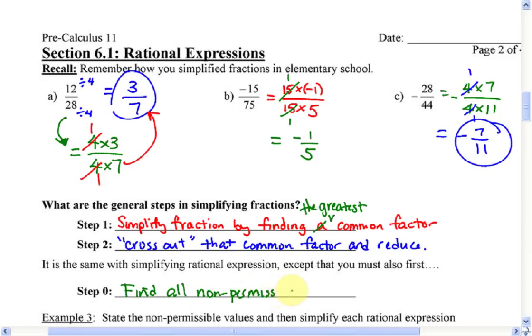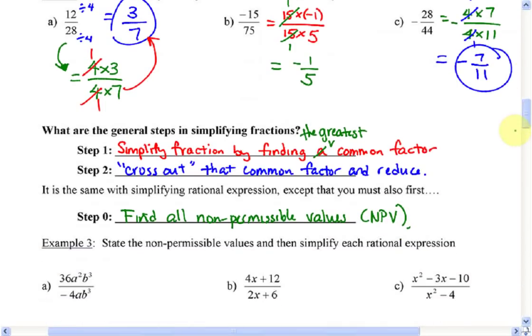Not VIPs. NPVs. All right. If you can understand these 3 steps, step 0, step 1, step 2, life in this section is easy.